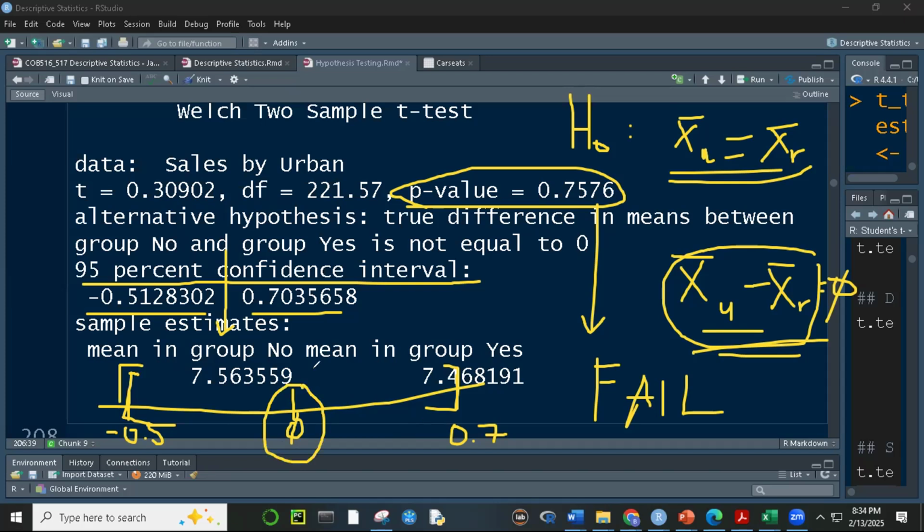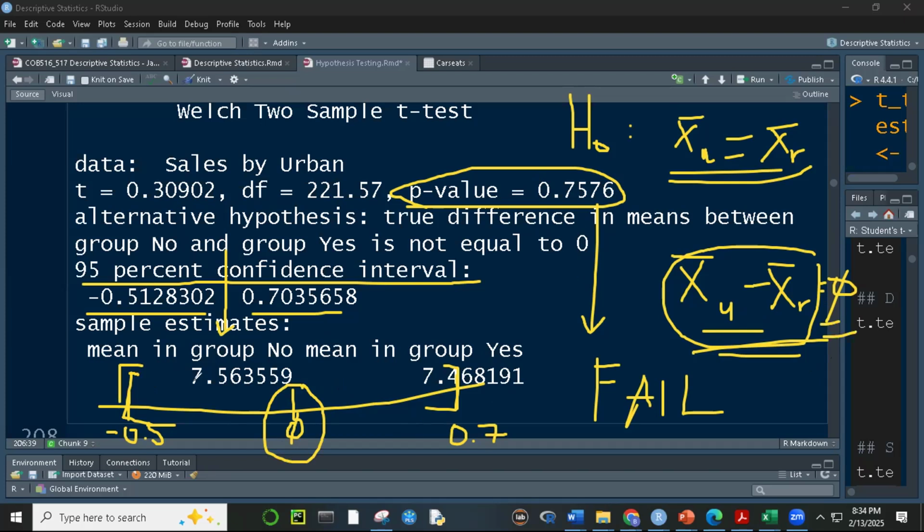So there's a possibility that this difference is equal to 0. That's the reason why we are failing to reject the null hypothesis that the difference is equal to 0, because 0 lies between these two values, and it's possible that the difference would be 0.